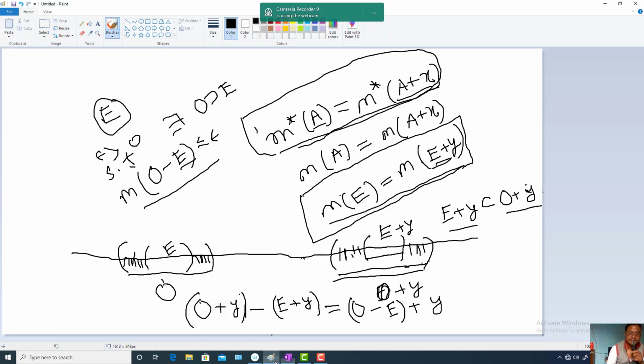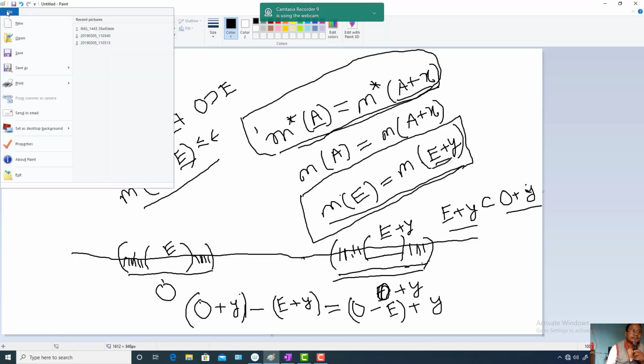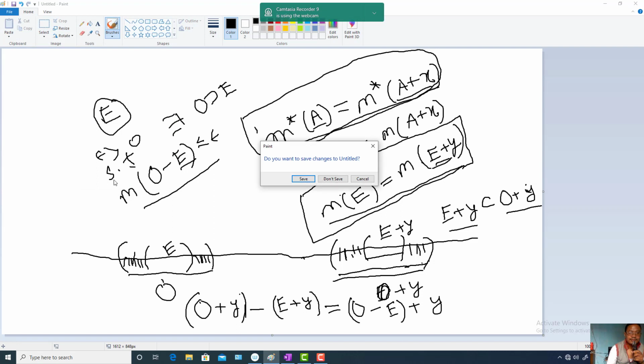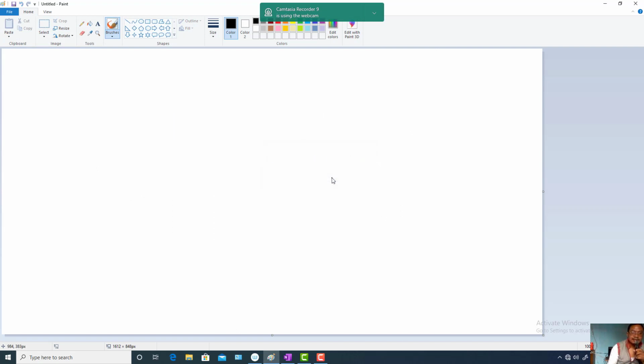Let me go back to the window. See, you have so many sets E alpha, E beta, E gamma, like this, where alpha, beta, gamma are from the index set capital Lambda.